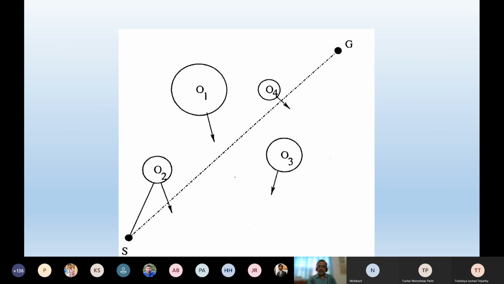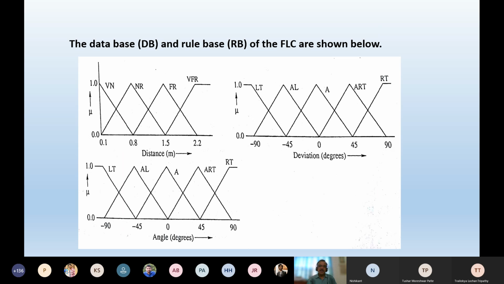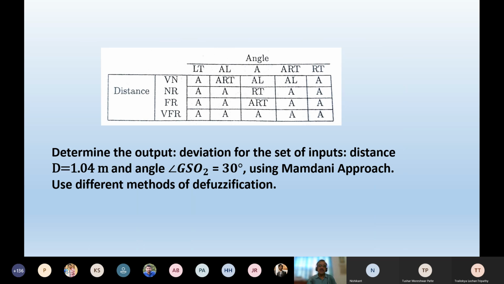This is the graphical representation, or the figures, for the problem. These are the membership function distributions of the two inputs and one output. This is the rule base. Now how do you design this rule base? Depending on your own information on the problem, we manually design this particular rule base.